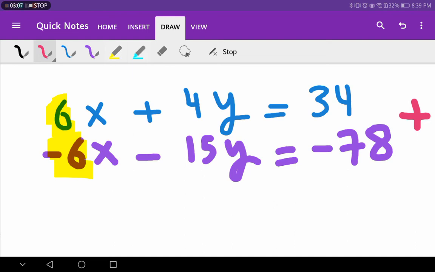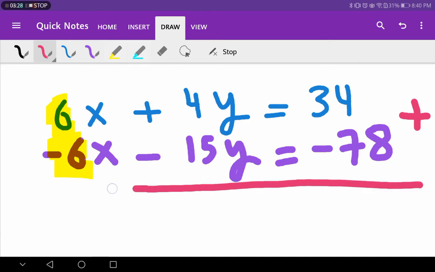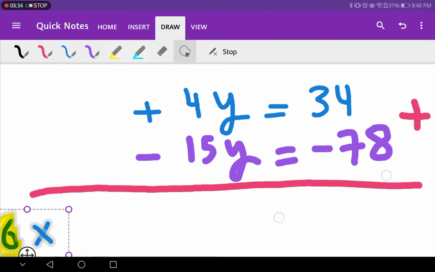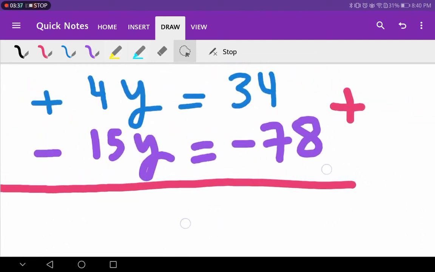Adding is simpler than subtraction, because if you add sometimes and subtract sometimes, you will fall into mistakes. Now if I add, this will be eliminated. Actually, I will remove it.